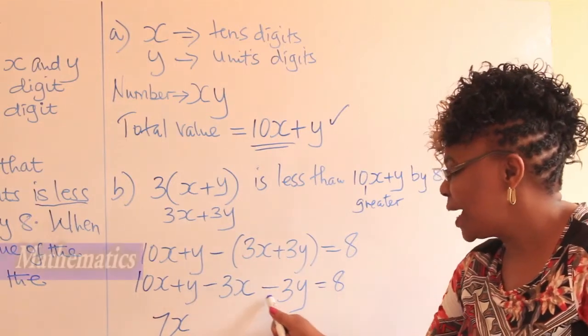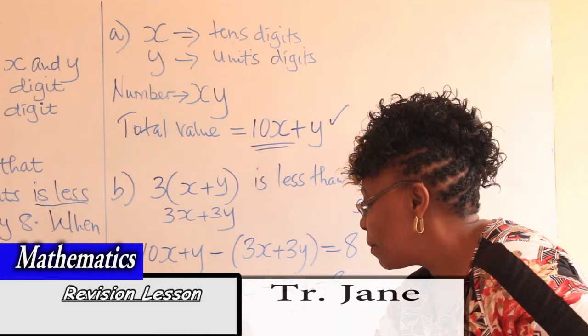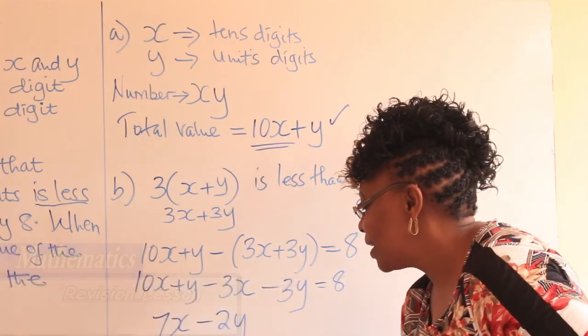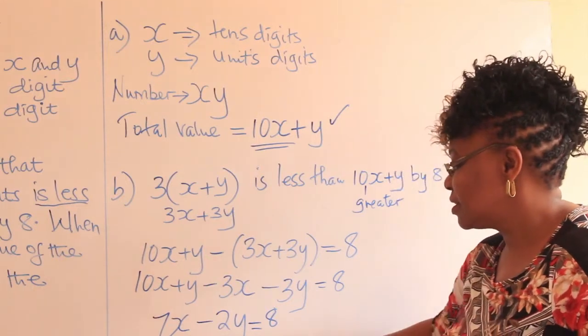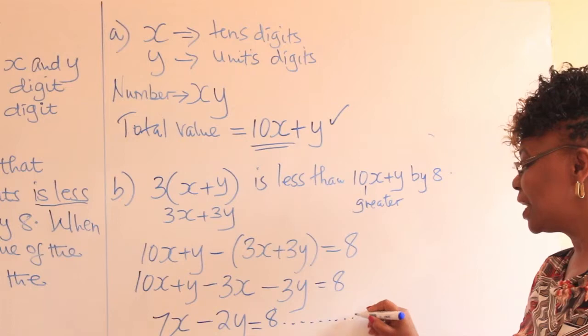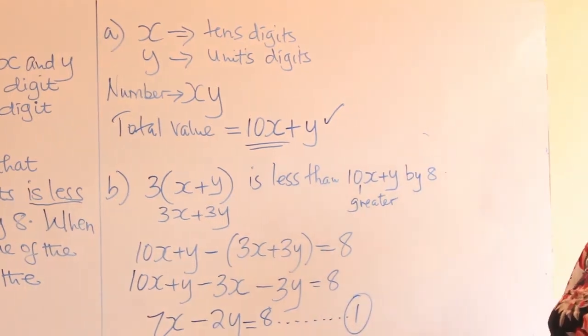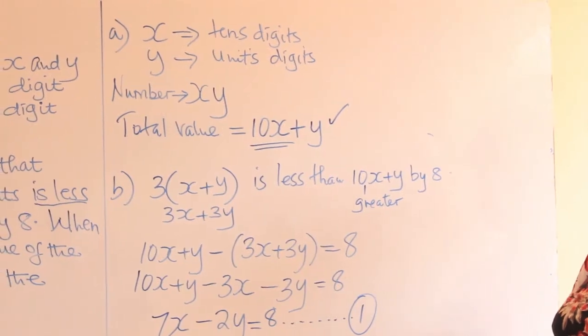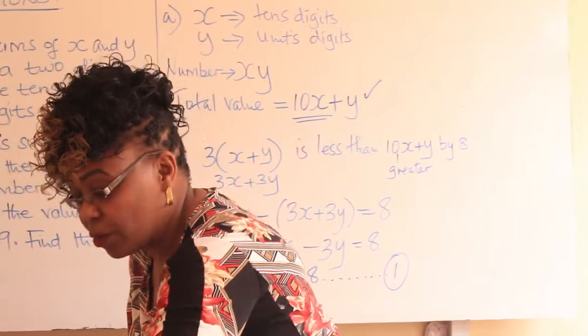Then y minus 3y gives you minus 2y. And therefore, this equals 8. We come up with an equation here. Let us label it as equation 1.